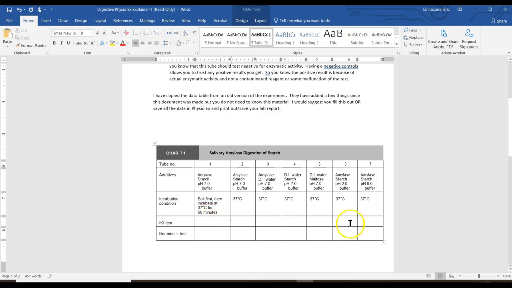So looking at it, the iodine test is supposed to tell you if there's still starch left over. The presence of starch left over means the enzyme didn't work. And the Benedict's test tells you whether or not there's sugar. The presence of sugar means the enzyme worked.